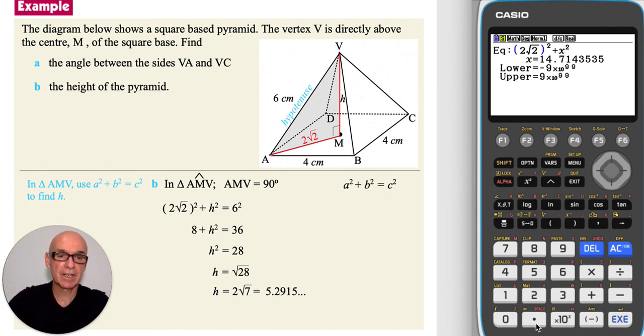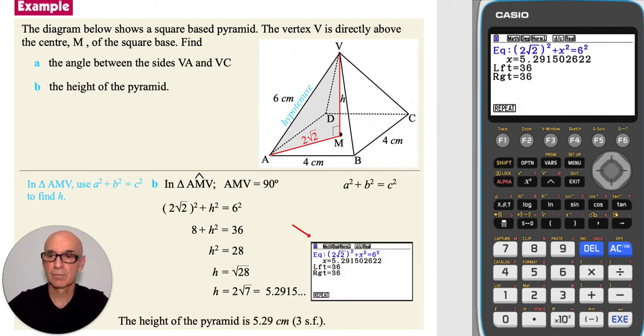Again, shift to access equals 6 squared. Pressing Execute to enter the equation, and F6 to solve the equation. So the height of the pyramid is 5.29 centimeters, correct to 3 significant figures.